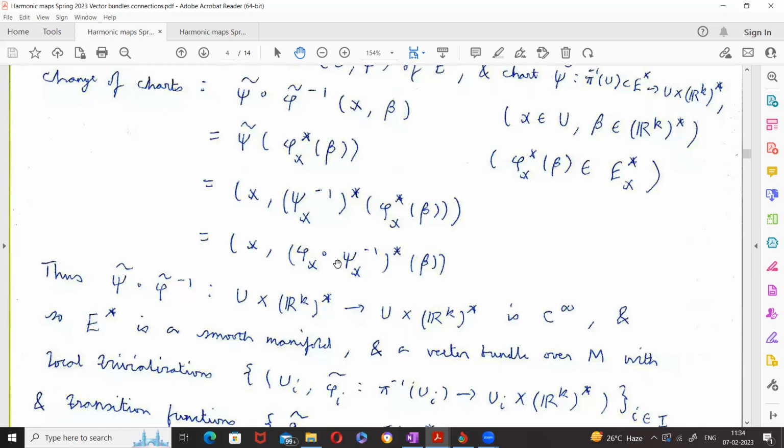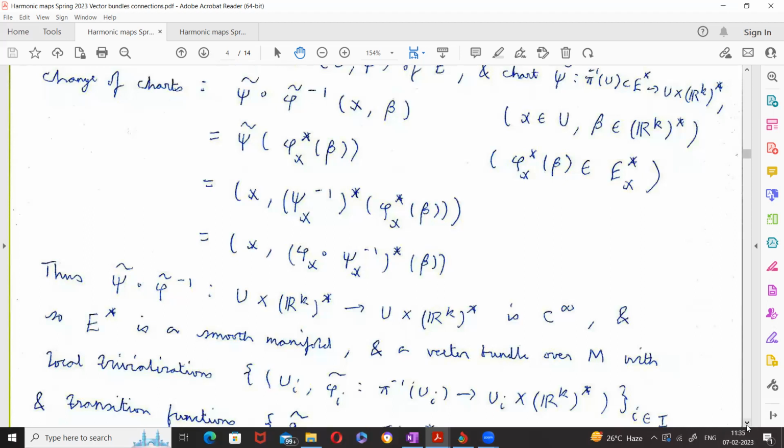So the transition functions are smooth functions of X. So this is going to be a smooth function of X and beta. And so this change of chart psi tilde composed with phi tilde inverse will be a smooth map from U cross RK star to itself. And therefore I can use these charts to define a smooth manifold structure on E star. Okay.